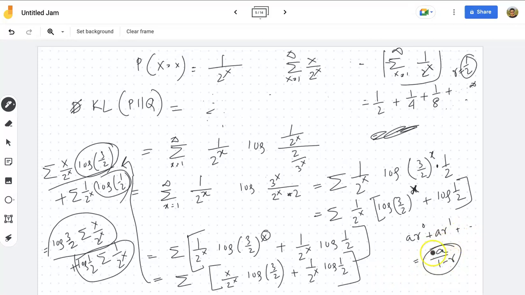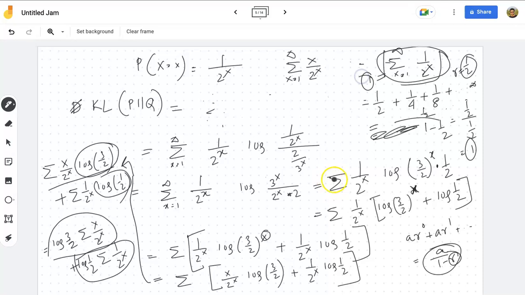Okay, so if you just remember the formula, just check the formula. A is the first term and R is the common ratio. So here what is the first term? First term is 1 by 2. What is the common ratio? It is also 1 by 2. So it is 1 by 2 by 1 by 2. So it is 1. So this summation is 1.